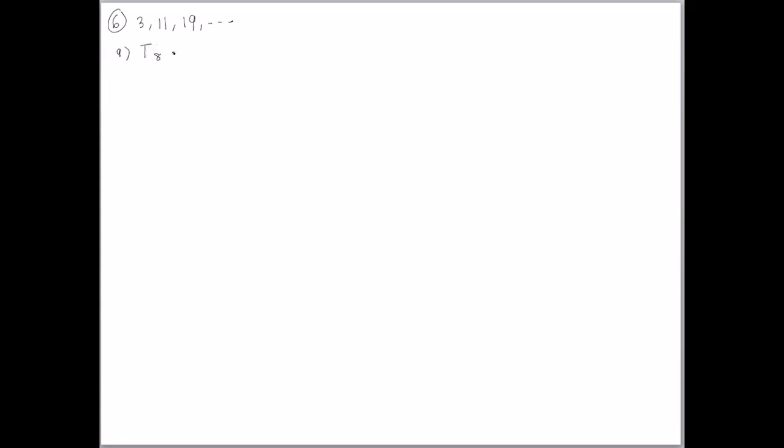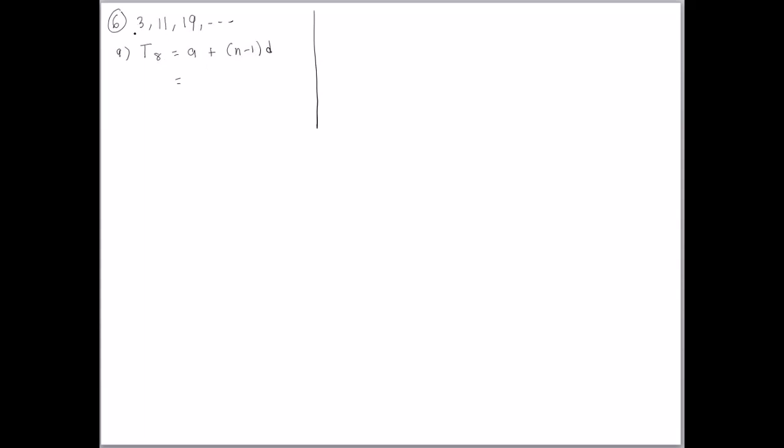T8 equals A plus n minus 1 D. So in order for us to find the 8th term, we must know the value for A, value for n, and value for D. Although the question did not ask for us to find A and D, in order to find T8, we must first find A and D.